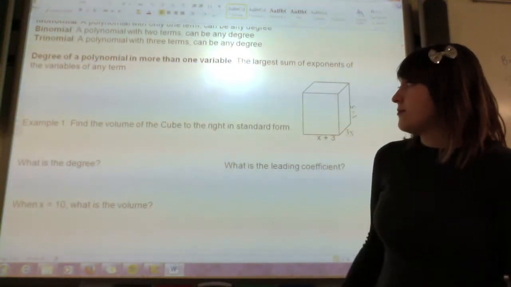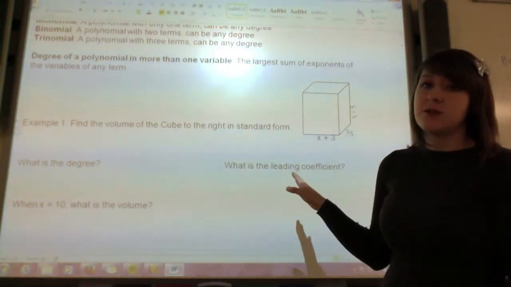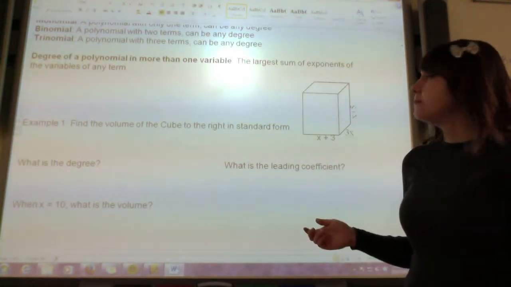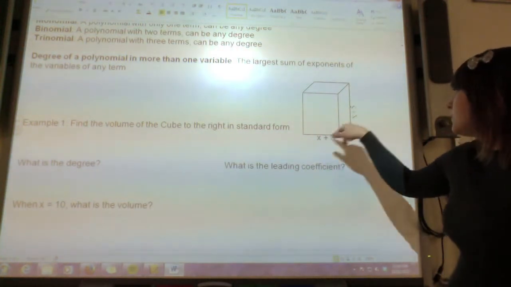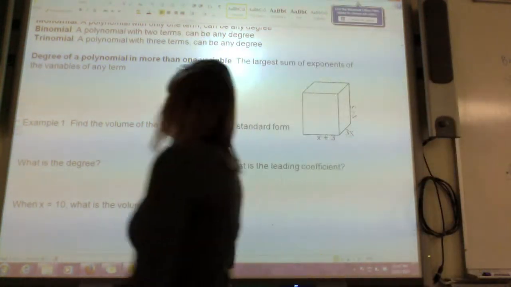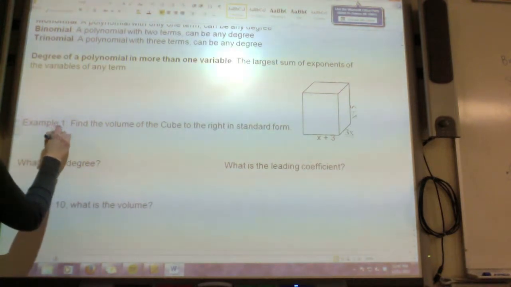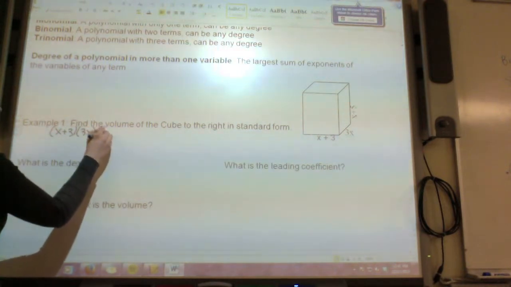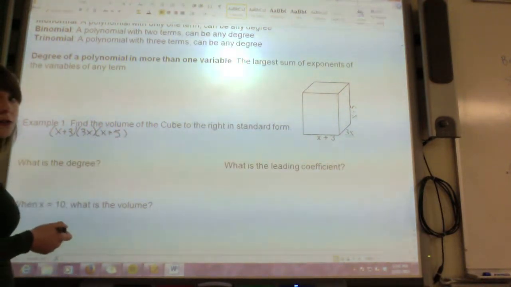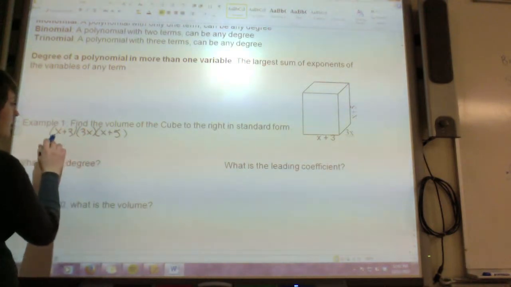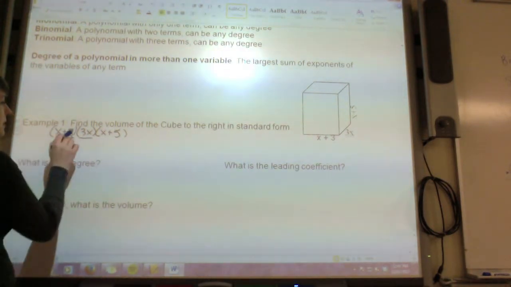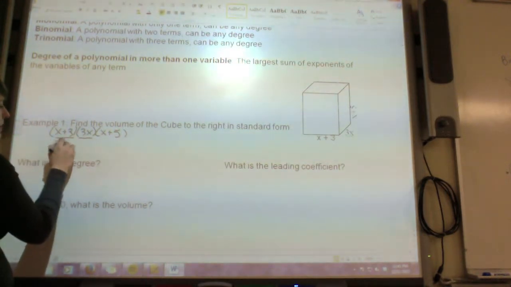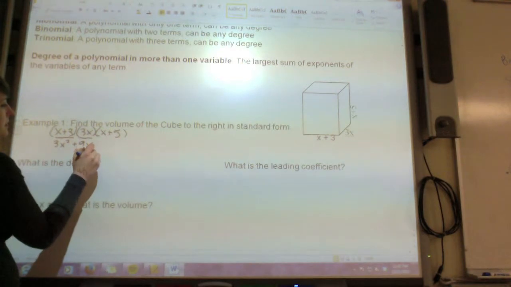Example 1, we want to find the volume of the cube, and we want to put it in standard form. So I know that the volume is just length times width times height. So I'm going to multiply all these together. Starting this off, I'm just going to multiply this one and this one. So in other words, I'm going to distribute the 3x to the x plus 3. So I'll have 3x squared plus 9x.